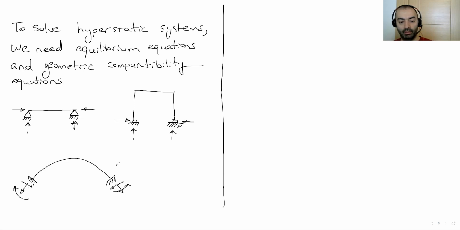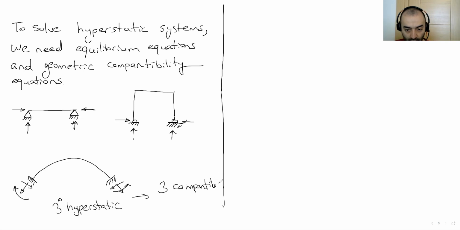So there are 3 missing equations. That's why we call this type 3-degree hyperstatic. We need 3 compatibility equations to solve this one. This is general information for hyperstatic systems.